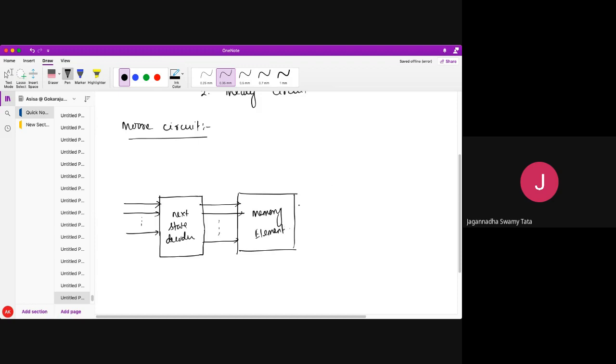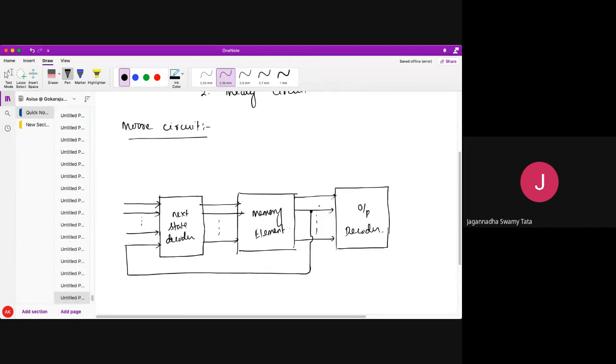Next, the output decoder. Here the outputs.